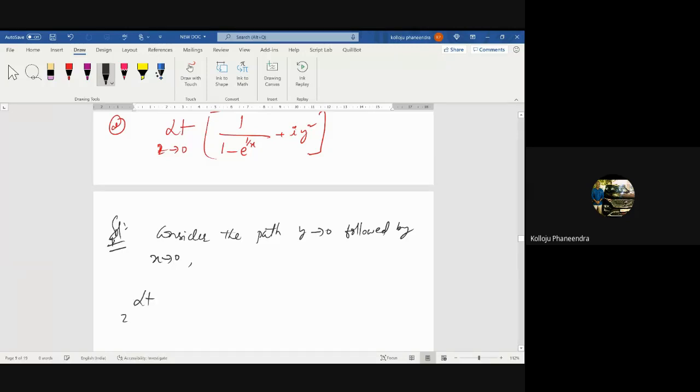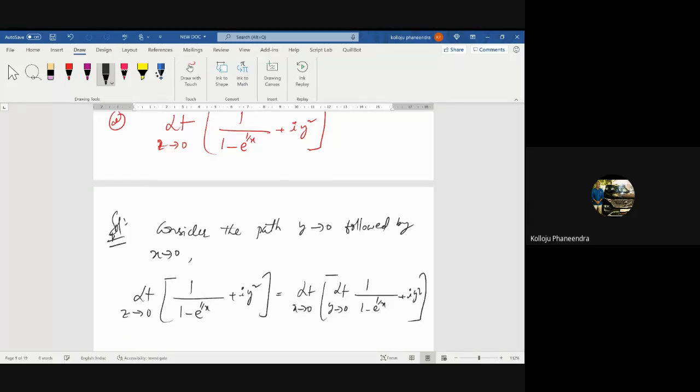So what we get? Limit z tends to 0 of 1 by 1 minus e power 1 by (x plus iy) square equals, first, the limit y tends to 0, and then x tends to 0.